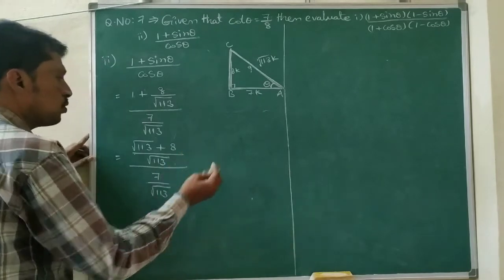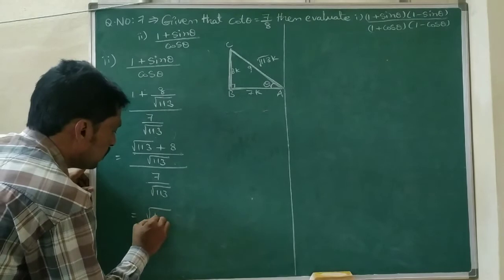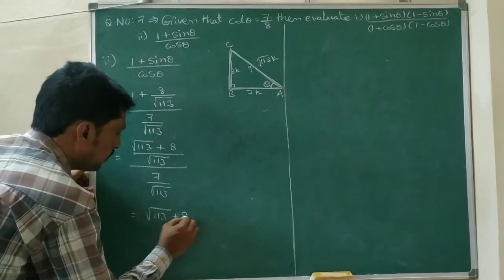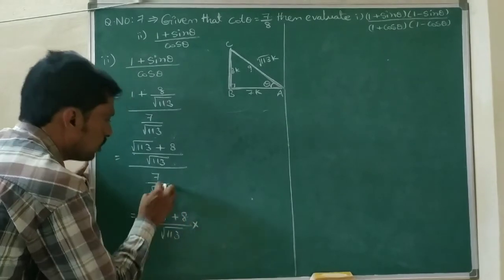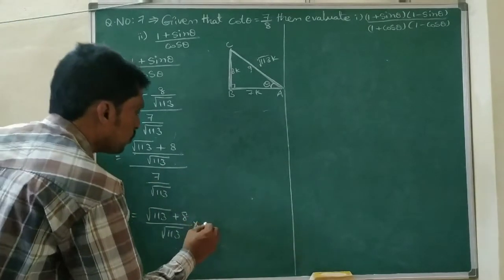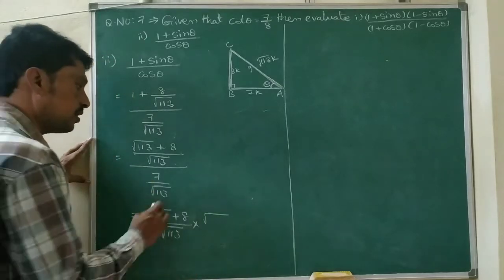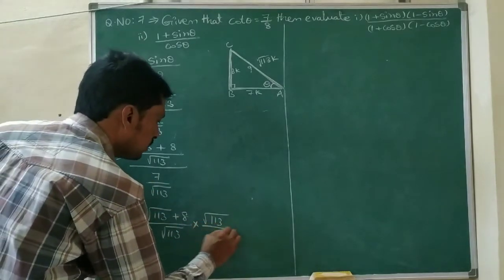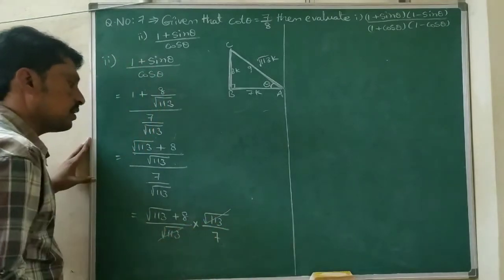Now this reciprocal you can take. So (under root 113 plus 8) by under root 113. This one we need to take the reciprocal. Reciprocal: numerator becomes denominator, denominator becomes numerator. Means under root 113 by 7. So root 113 gets cancelled.